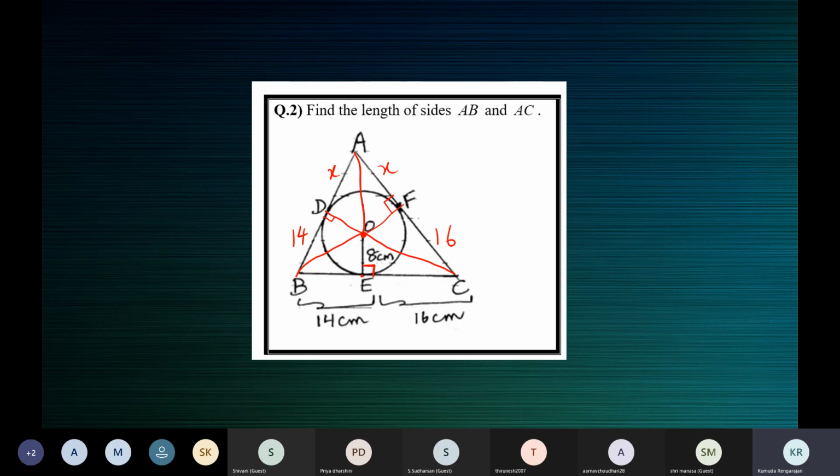Root of x plus 30 into 16 into x into 14, correct? Yes, ma'am. Now that 16 will come out as what? 4. So it will be 4 root of 14x into x plus 30. All of you must have got this.